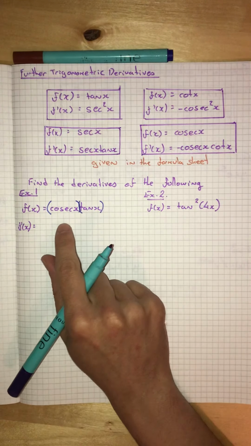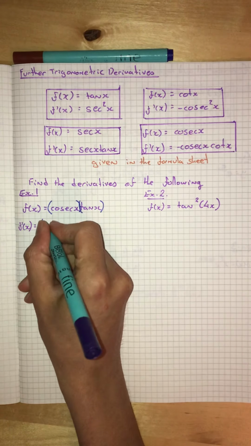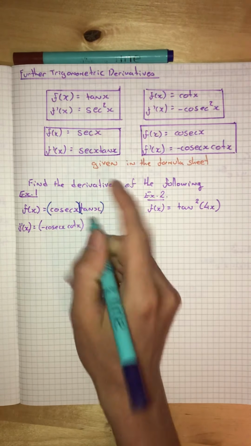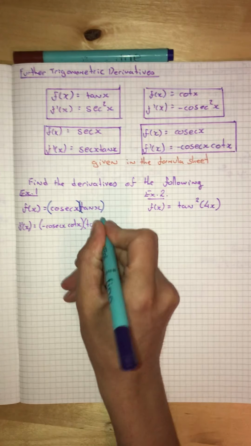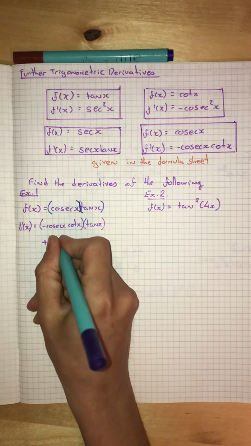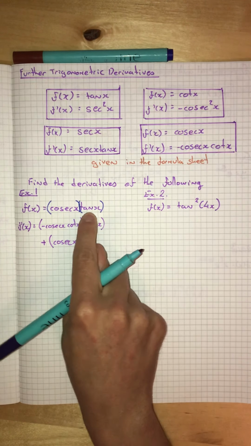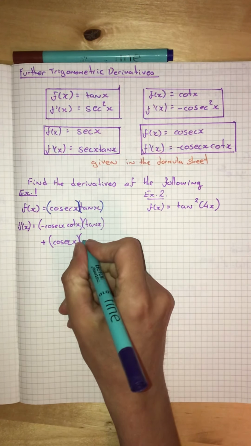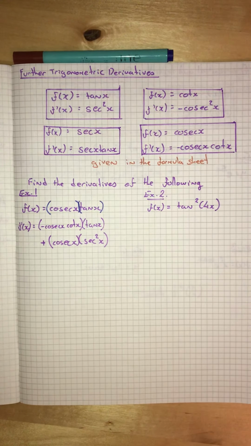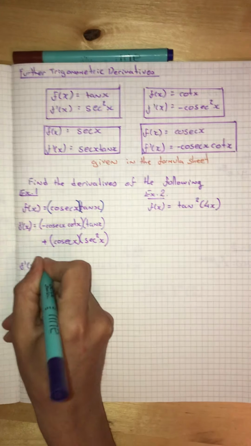If we check our formula sheet, the derivative of cosec x is negative cosec x cot x, leave the second, and then we're going to add to it: leave the first one, and then differentiate the second one, tan x, and we're going to get sec squared x. And that's actually it.